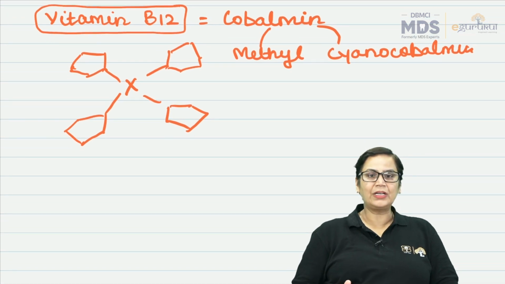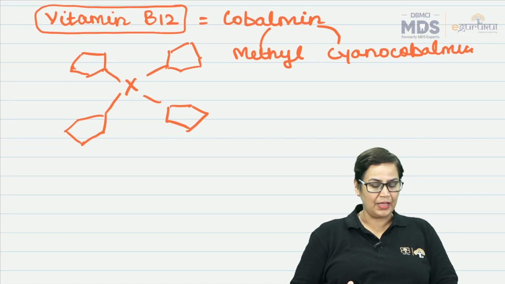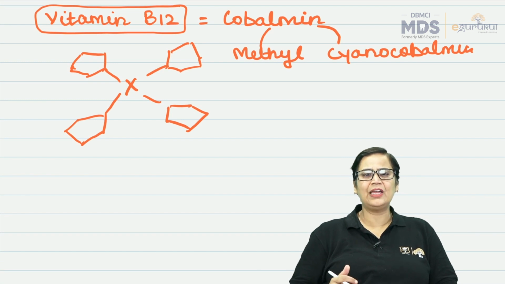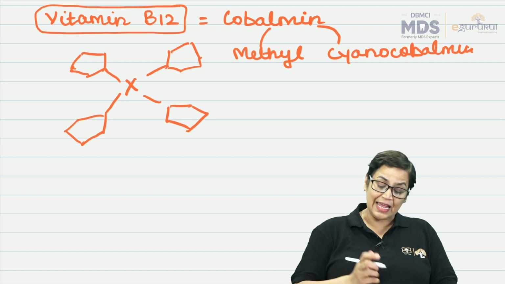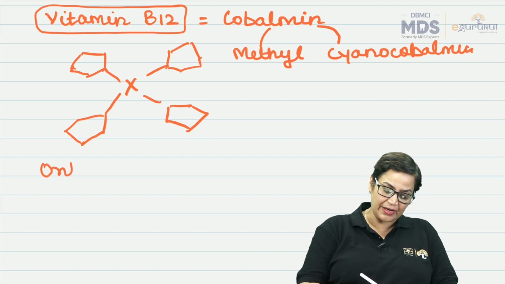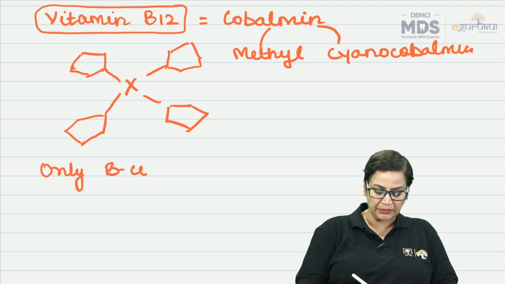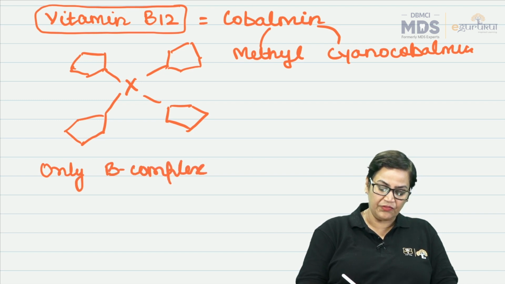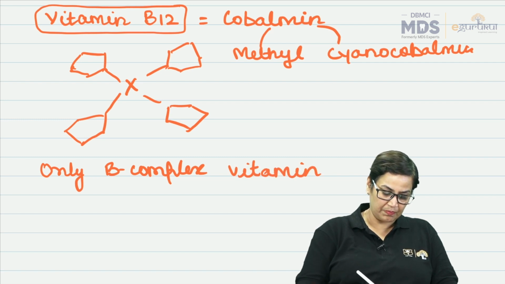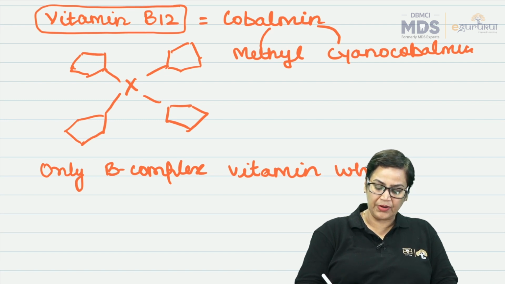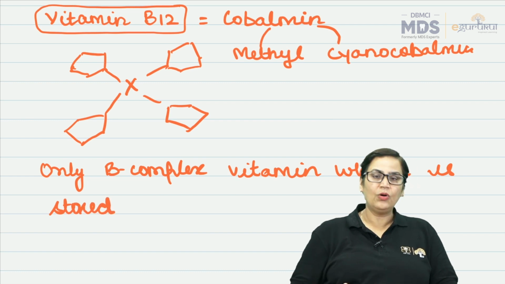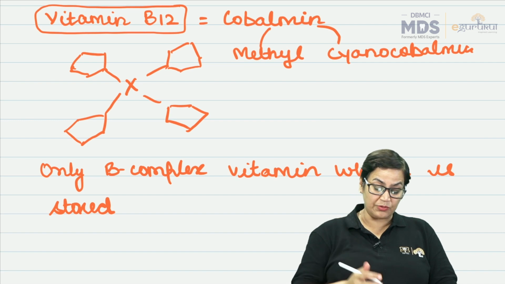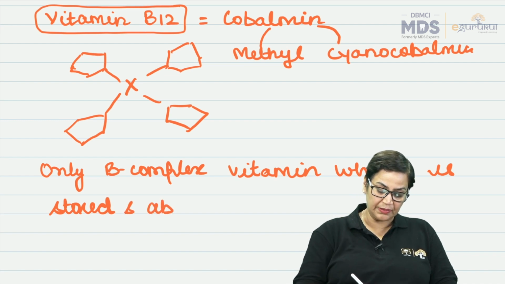Now see what is the active form. As such, we cannot predict any active form for this vitamin because it is functioning like this. And this is the only B complex vitamin which is stored, and it is also absorbed.